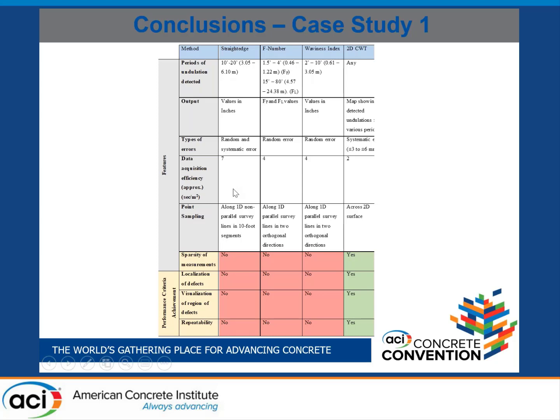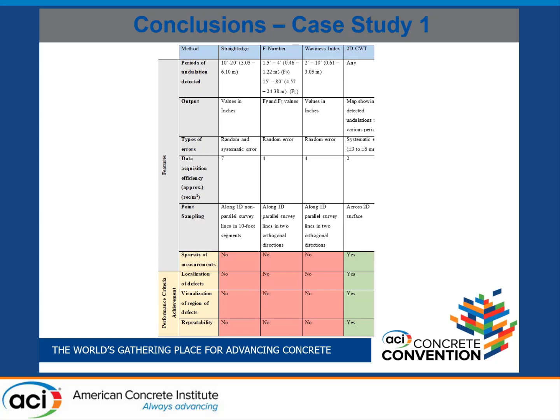So this table basically compares these methods as I just talked about. You can only get information about the periods of undulations for certain periods. Using our method, you can identify those undulations for any period. The output is a depth map, so you can see the actual location visually.